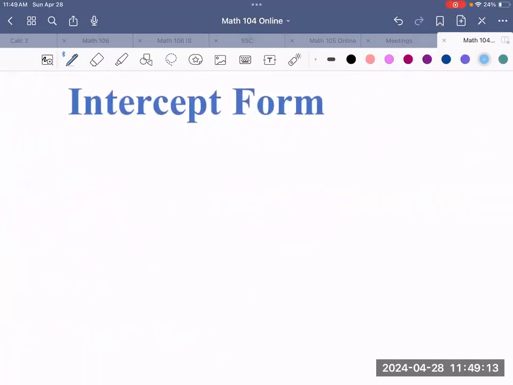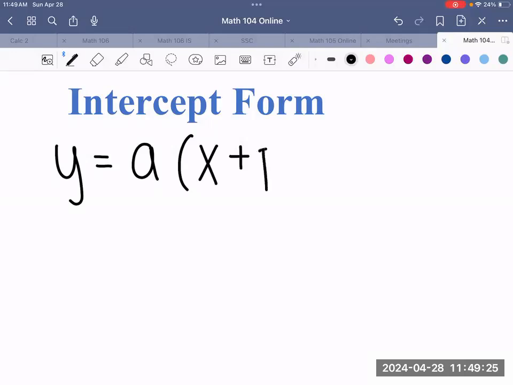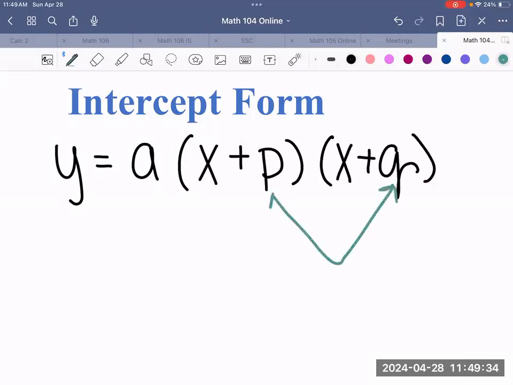We also have your intercept form here. Your intercept form is equal to a times (x plus p) times (x minus or plus q), where p and q are considered your x-intercepts.